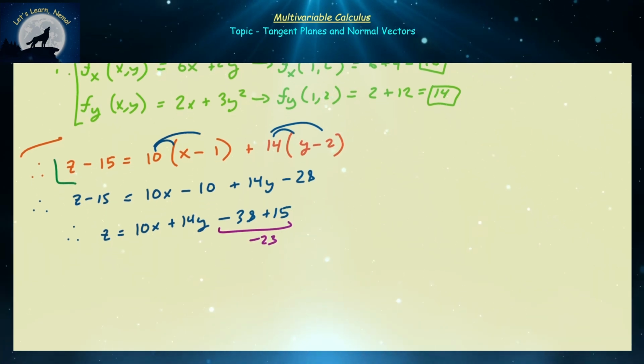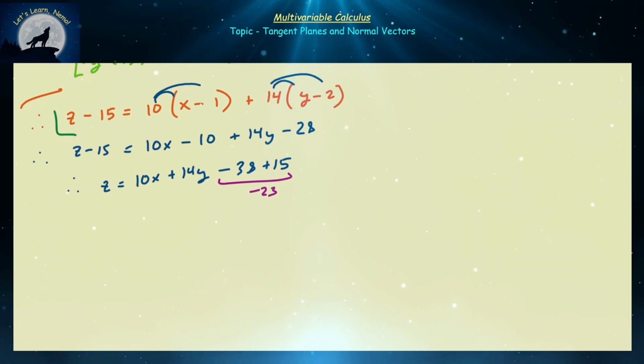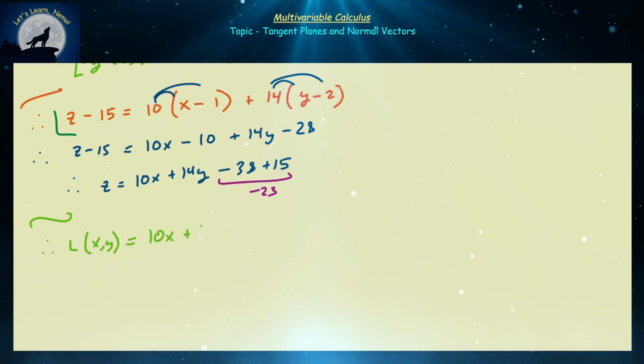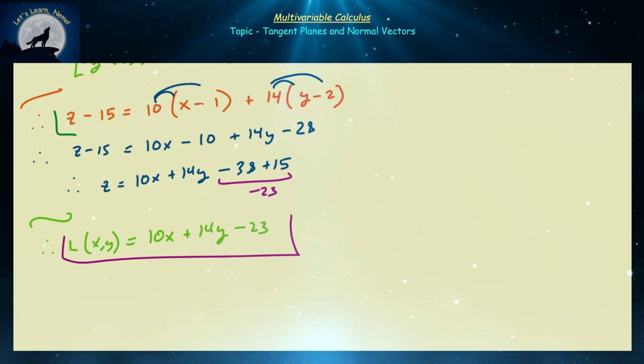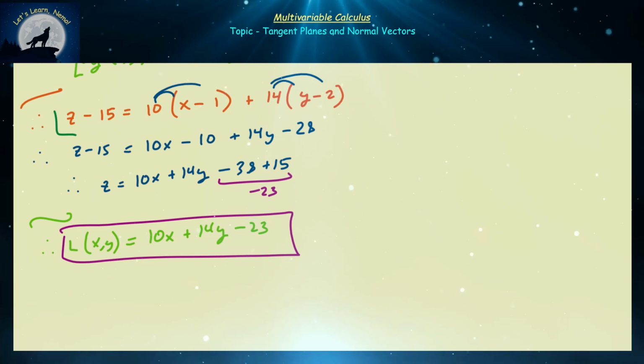So we have our linear approximation around that point. We're going to write it L(x, y), so our linear approximation will be equal to 10x plus 14y minus 23. Right? So that's the equation of our tangent plane.